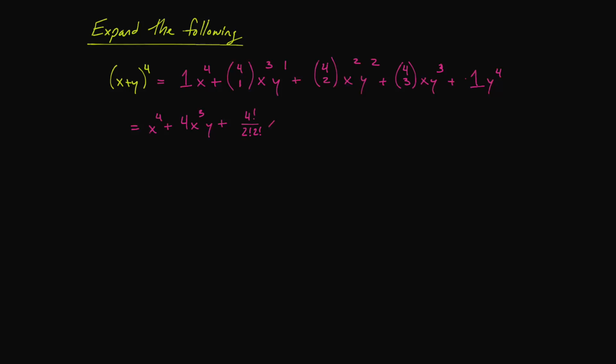And I'll keep going through, say x squared, y squared, plus, in this case we already know this is going to be 4 again, x y cubed plus y to the 4th.